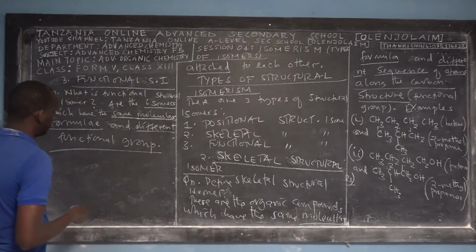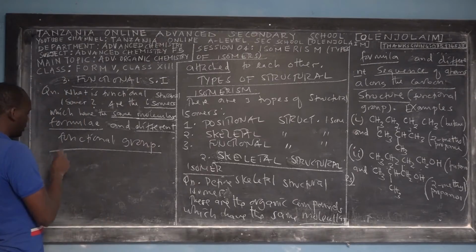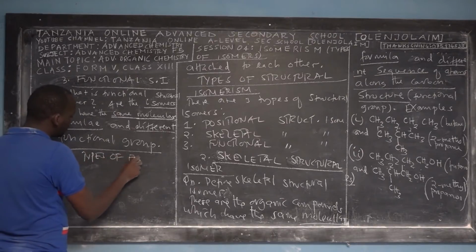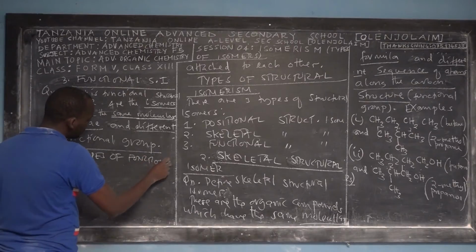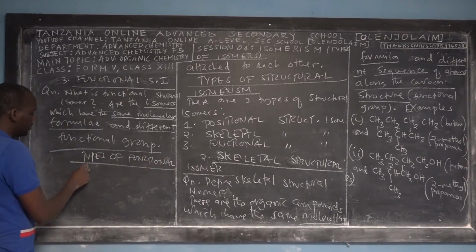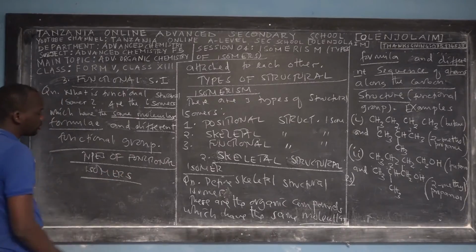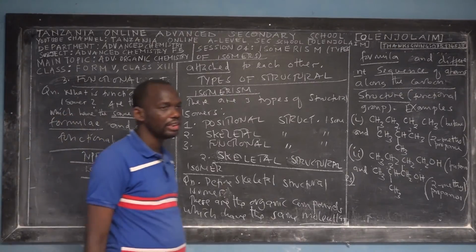Okay. So for this case we have different types of functional isomers. We like to group them according to the functional group that they share. Right?